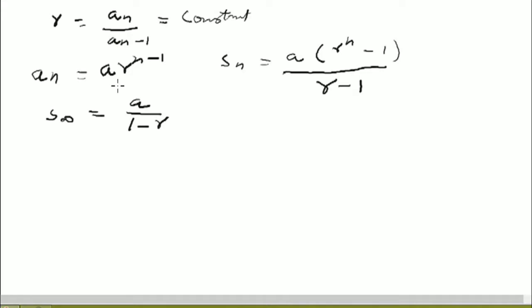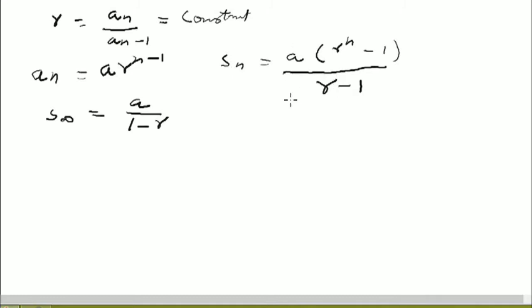So if we have to find the sum of infinitely many terms of a decreasing GP, we can apply this formula a by 1 minus r. If it is increasing, it is impossible to find because every time it is getting increased and increased.